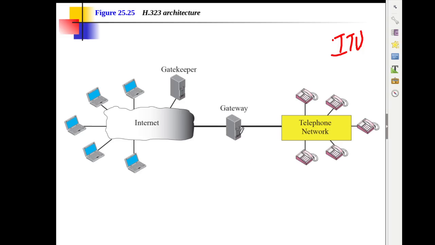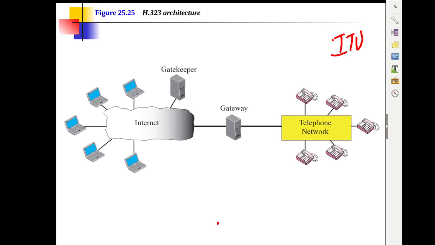Actually this gateway is a 5-layer device, right, that can translate a message from one protocol stack to another. So here also this gateway does the same thing. It transforms a telephone network message into an internet message, and so on.